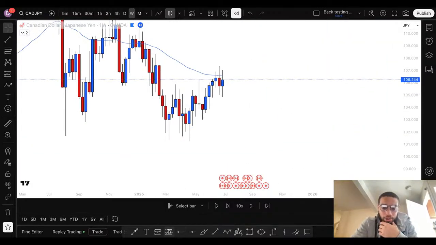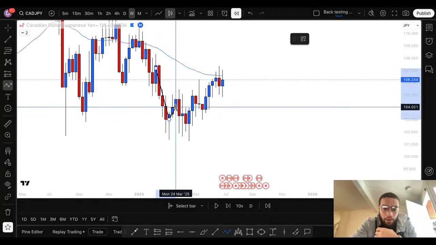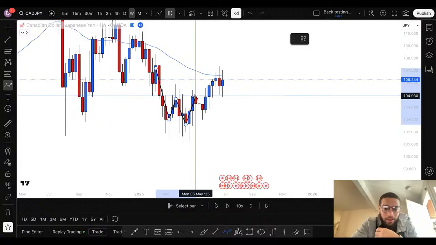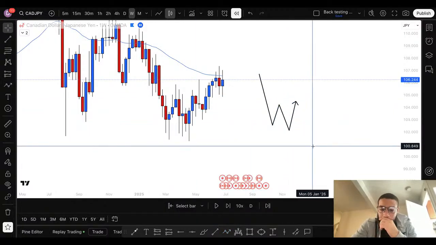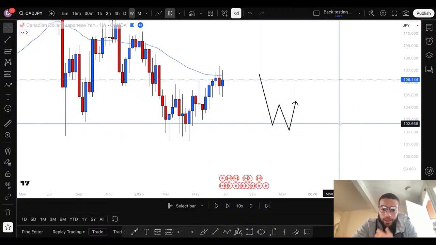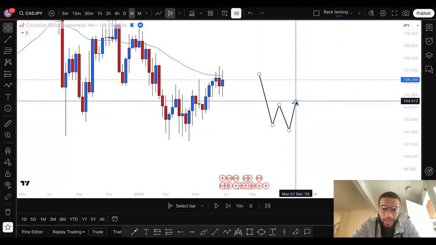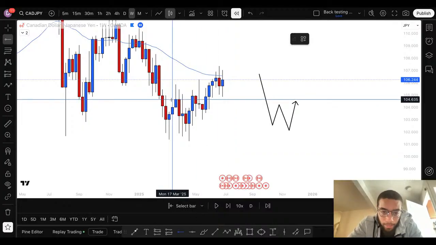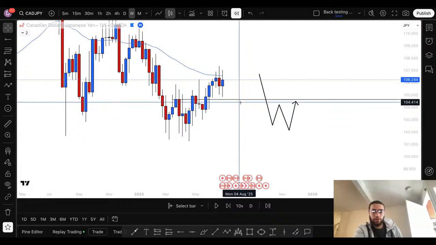The market structure we have here is lower low, lower high. This is the exact same structure we just created. Lower low, close above, creating a higher high, because the candle closed above the lower high's candle, confirming the shift of structure.